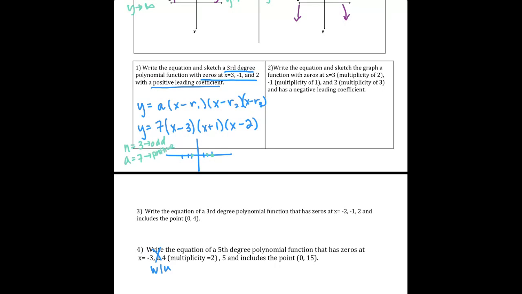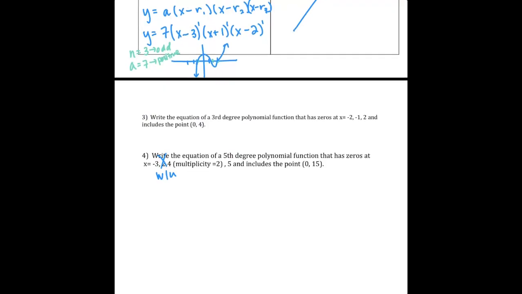So my arms are going to rise and fall, just like my last example. And each one of these roots has a multiplicity of 1, so we're going to go through on each one. Okay, we're going to leave this one for our warm-up.